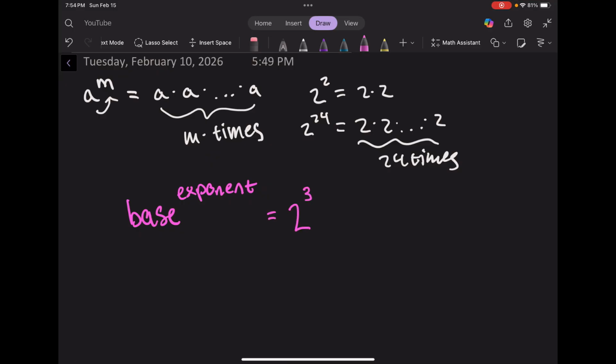Let's say we have 2 to the third power. 2 is the base, and 3 is the exponent. The reason we have to consider this is because there will be times where the base is encased in parentheses, and sometimes there will be a number on the outside or a negative on the outside, or maybe a negative on the inside.